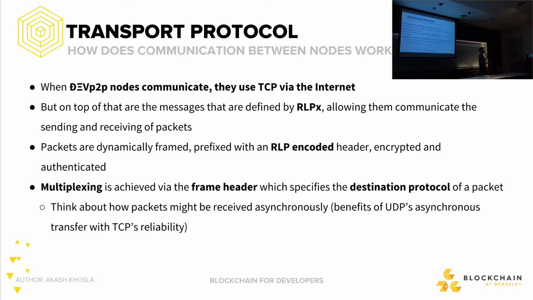You are assured that if you send something with TCP, it will continue to try and send the packet until it's received. Whereas UDP, it may get there, it may not, very unreliable. Okay, and Ethereum uses TCP, so you can look more into the transport protocol that it uses.